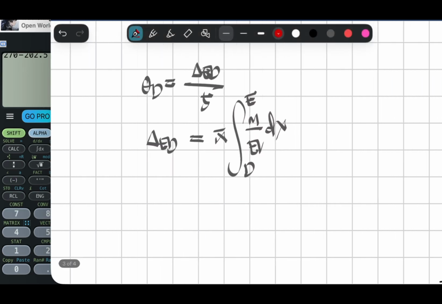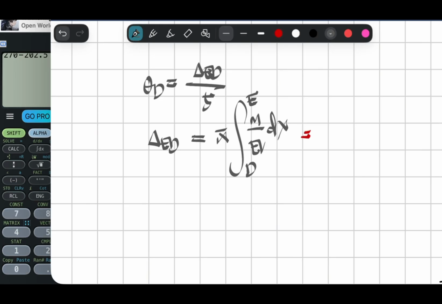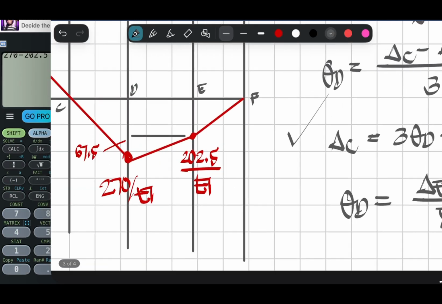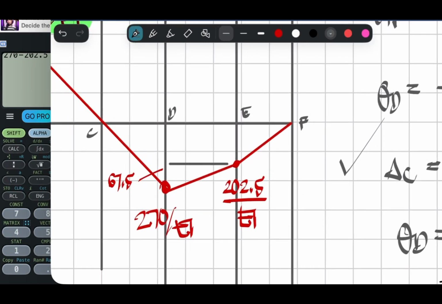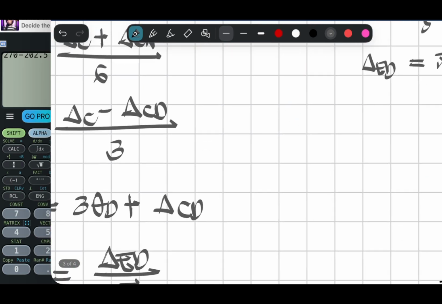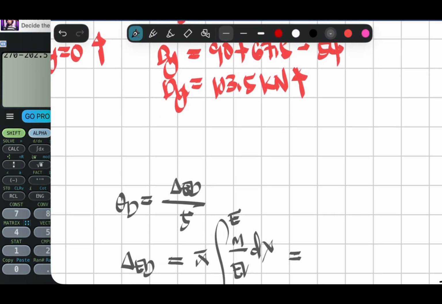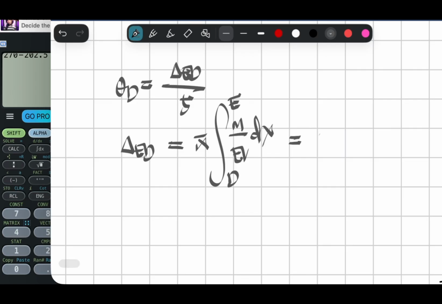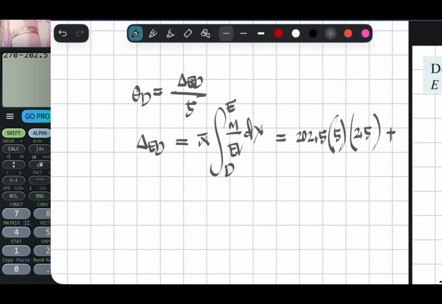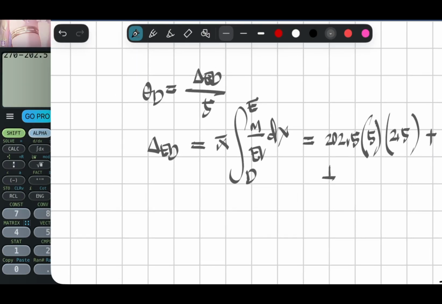First, the area of the rectangle: 202.5 over EI times 5, times its perpendicular distance of 2.5 to point E. Plus the area of the triangle: 1/2, base is 5, height is 67.5 over EI.